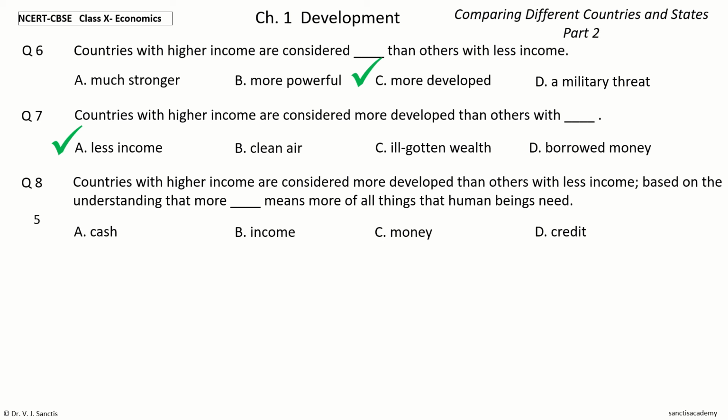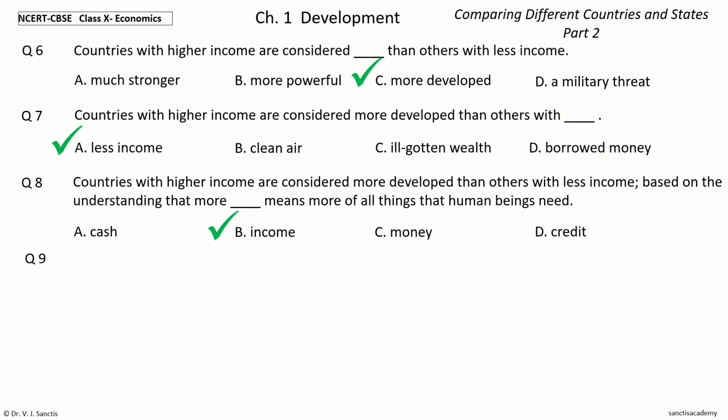Your time to choose. And the answer is income. So, countries with higher income are considered more developed than others with less income based on the understanding that more income means more of all things that human beings need.